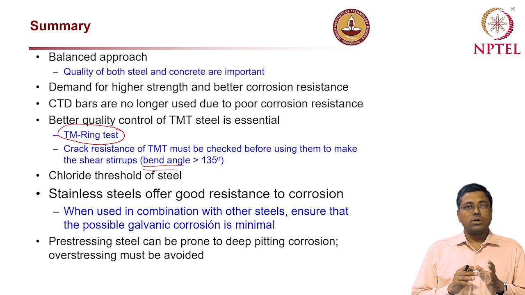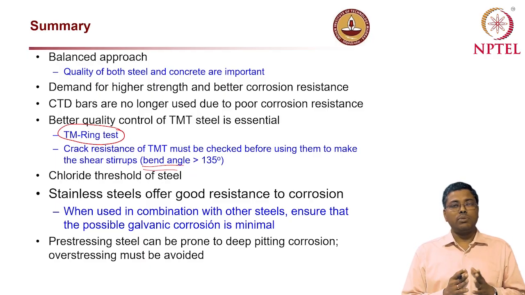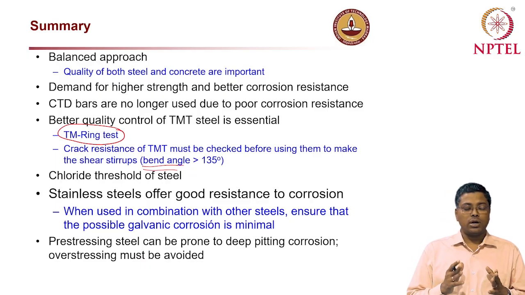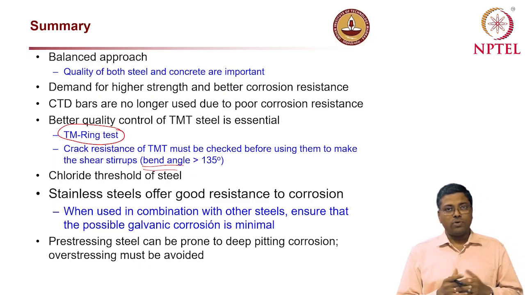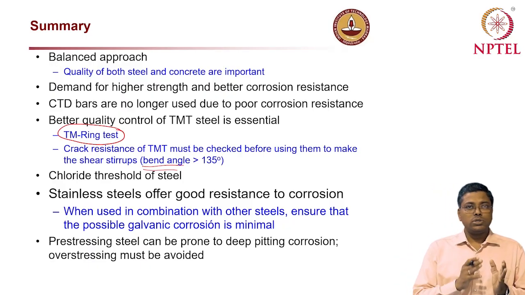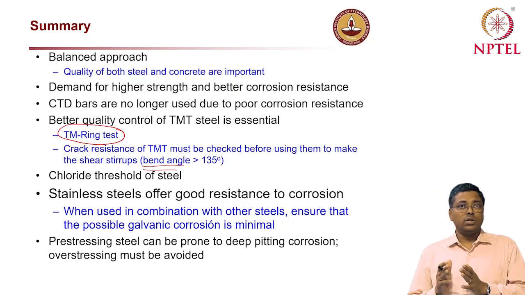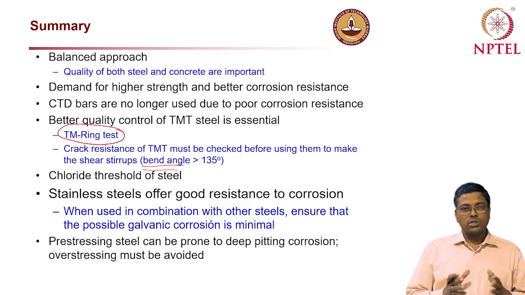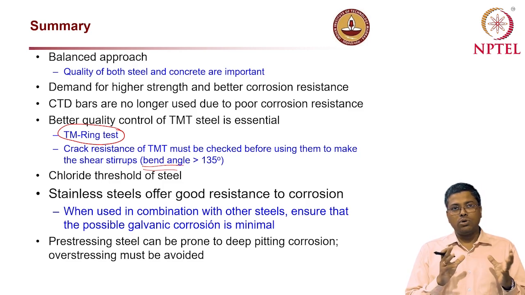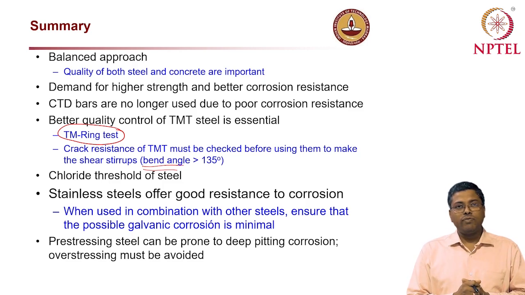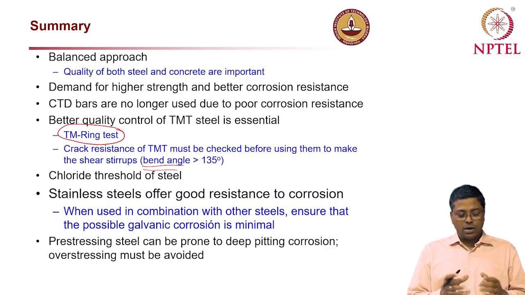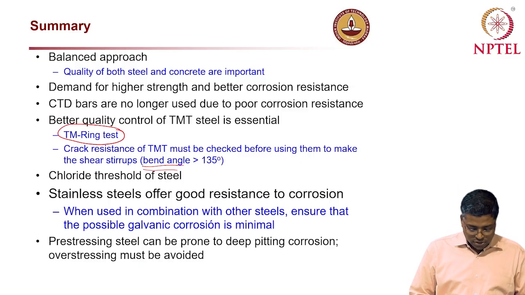And also chloride threshold is a very important parameter, especially when you talk about CRS or any steel for that matter. Chloride threshold should be looked at in addition to the corrosion rate, because chloride threshold and the diffusion coefficient of the concrete really govern the service life of the structure.